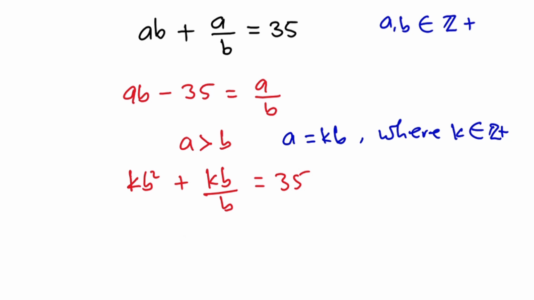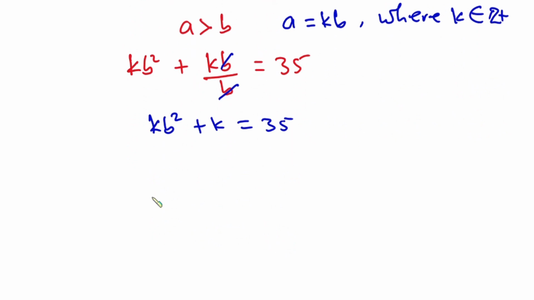And straight away you can see that this b and then this one will go. Now we are left with kb squared plus k is equal to 35. And from here we can factor k. So we have k times b squared plus 1, and this is equal to 35.